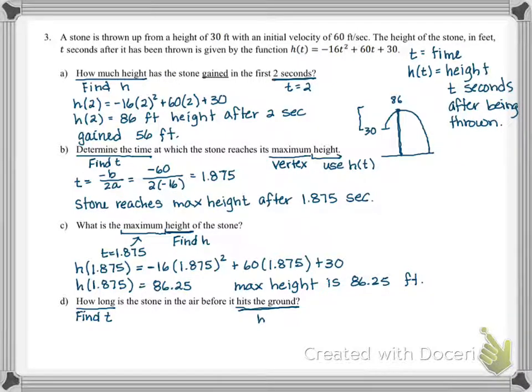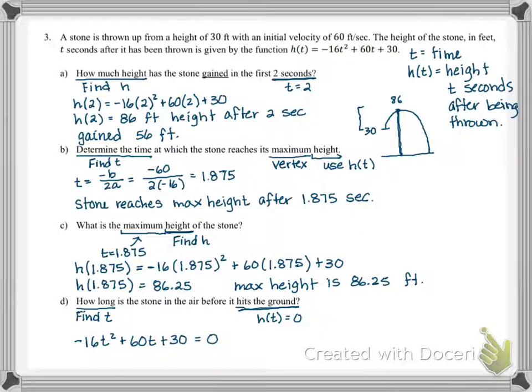Yeah, that height is 0. So I want to find the time that corresponds to a height of 0, which means I'll take my function and just replace h of t with 0. So we're setting our height function equal to 0.